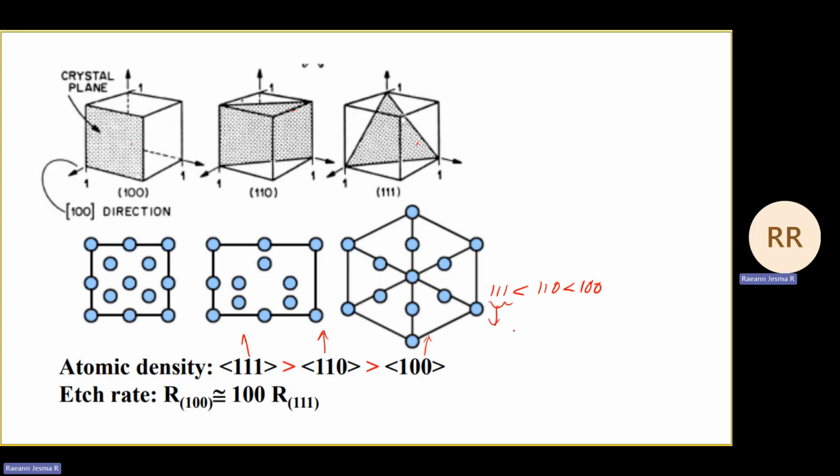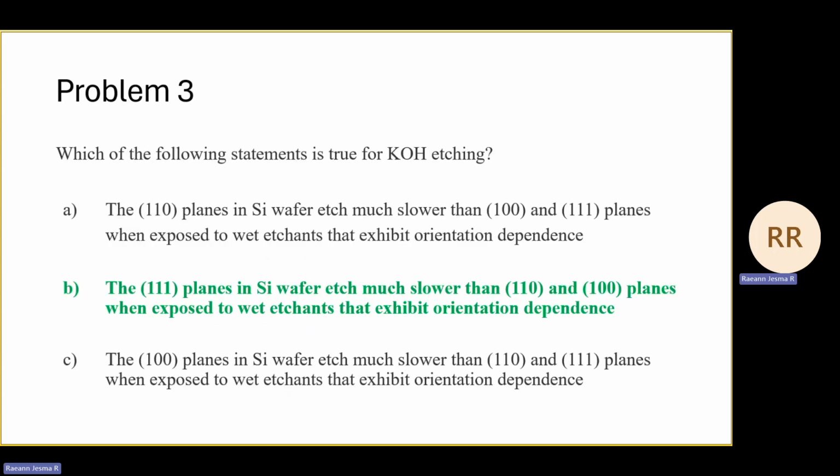During wet etching processes, the 111 plane is often used as an etch stop plane in order to form different types of structures by wet etching. So the correct answer for this problem is option B: the 111 planes in silicon wafer etch much slower than 110 and 100 planes when exposed to wet etchants that exhibit orientation dependence.